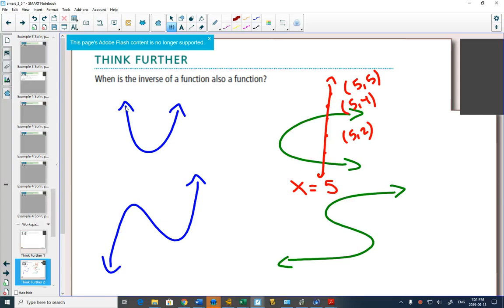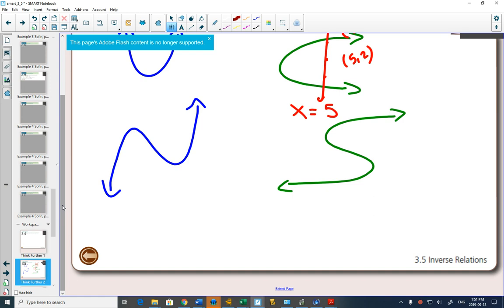Now in an inverse, what's getting switched? The x's and the y's. So if I started just with a vertical line, x equals 5, if I did the inverse, it would become a horizontal line of y equals 5.